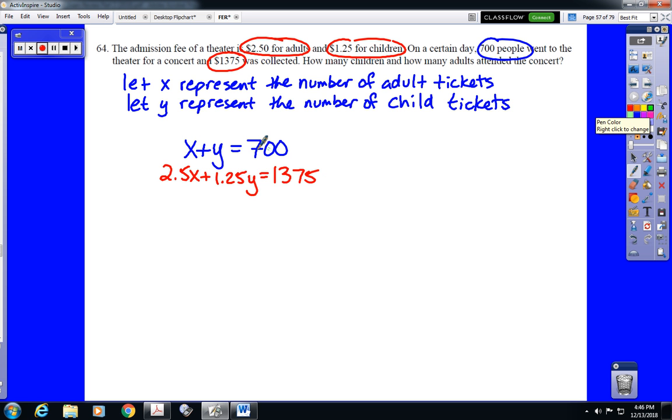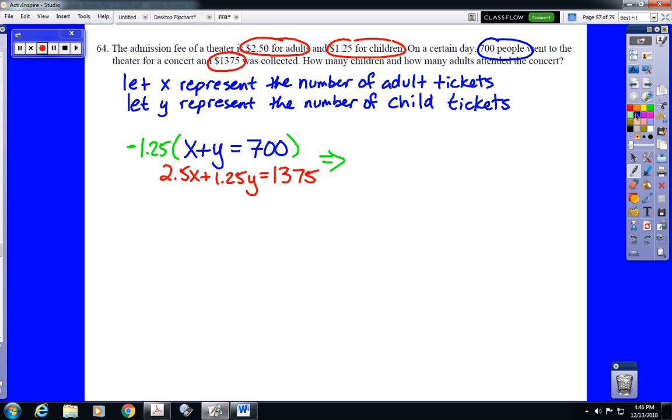Now again, we're trying to eliminate here, and the fact that there are decimals in this problem changes nothing. We need one of these two variables to match up and eliminate. So what I'm going to do is multiply the first equation by 1.25. I know that seems like an odd number, but it'll be okay. I'm actually going to use negative 1.25, so that my y's will cancel.